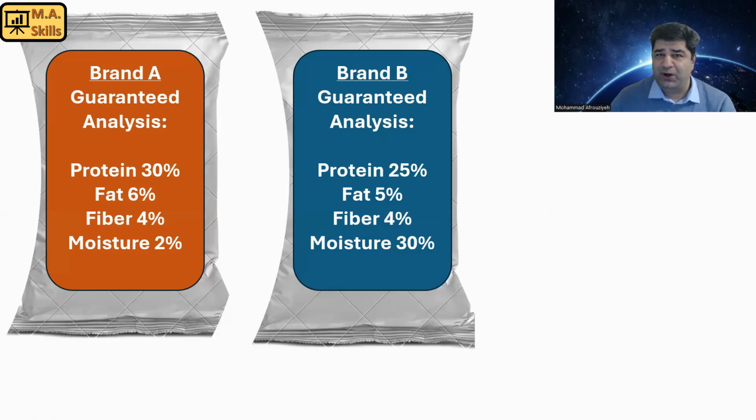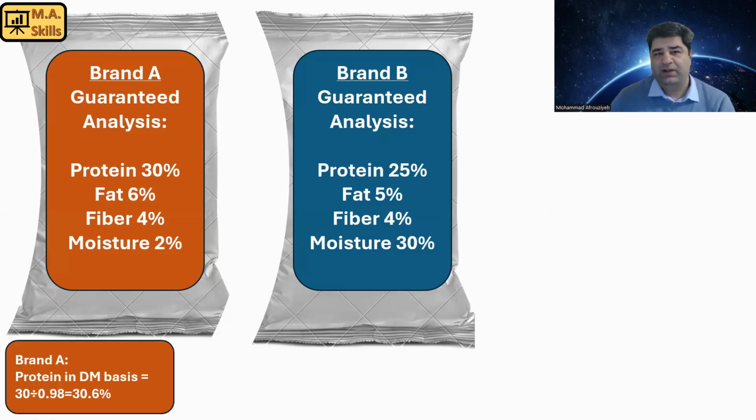So, coming back to our question, which brand of food would you choose from these two bags? So let's crunch some numbers. For brand A, the protein in dry matter basis would be 30% divided by 98% dry matter, which is 30.6%.